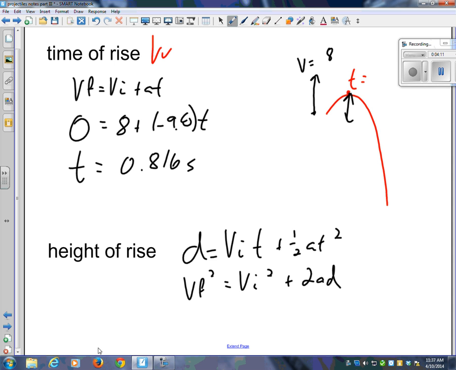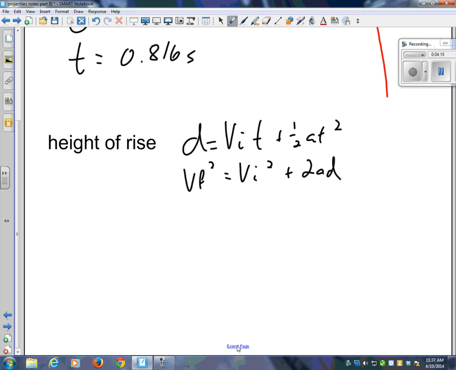Well, no, could I? I can't because the VI is not 0 here. So which one of those do you feel more comfortable with? Do you feel comfortable using this T that we calculated? Or VF is 0, VI is 8, A is minus 9.8, solve for D? Let's do the one I feel more comfortable with. Seems safer. I agree.